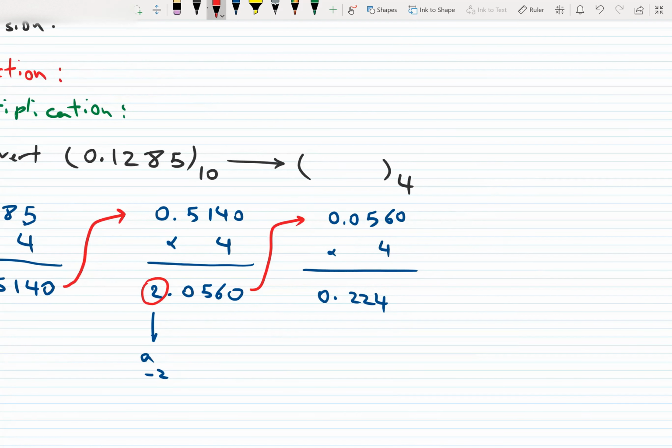Now we enter these coefficients as the result: 0.02003 and so on, in base 4. So we converted this fraction part of the number from base 10 to base 4.